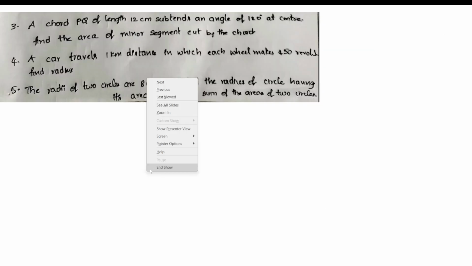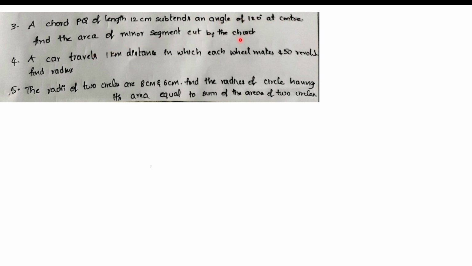Now, a chord PQ of length 12 centimeters subtends an angle of 120 degrees at the center. Find the area of the minor segment cut off by the chord. So let me draw the diagram first for this figure.